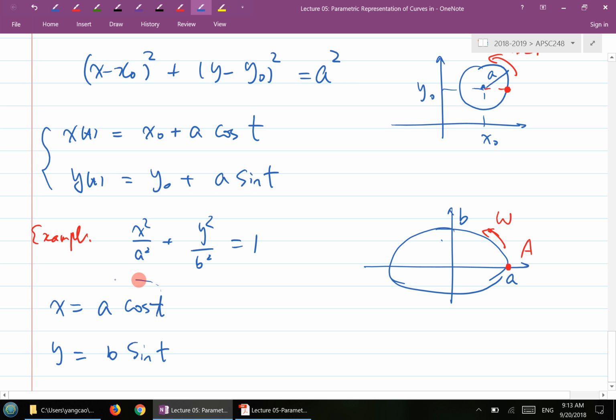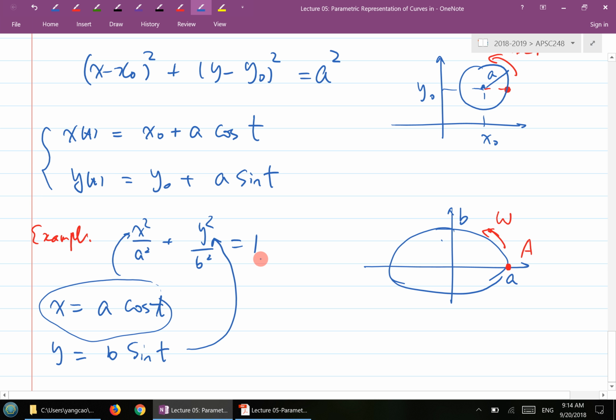Because if I substitute back into this elliptical equation, I need it to satisfy that equation. If you try this, you'll see it's a very simple verification. The left side equals the right side, so that's the right parametric equation.